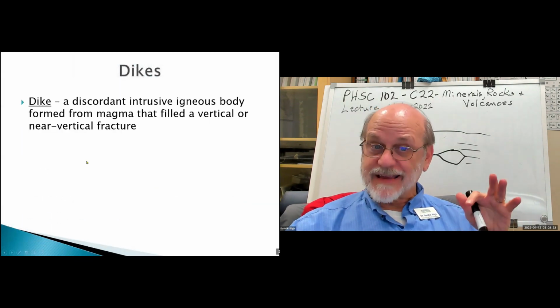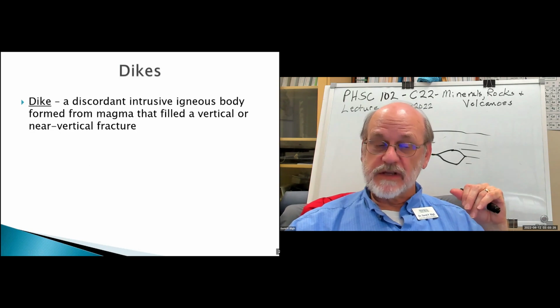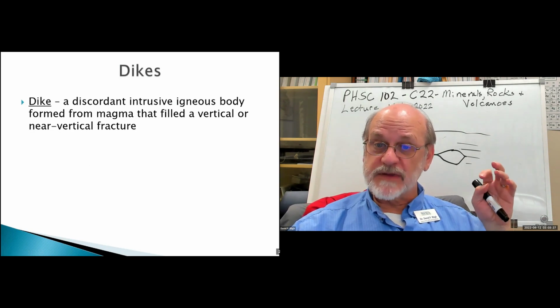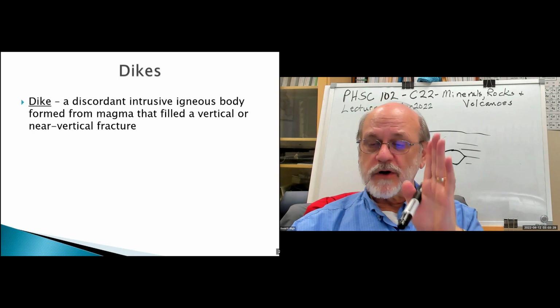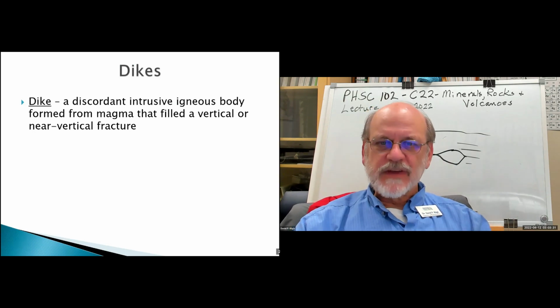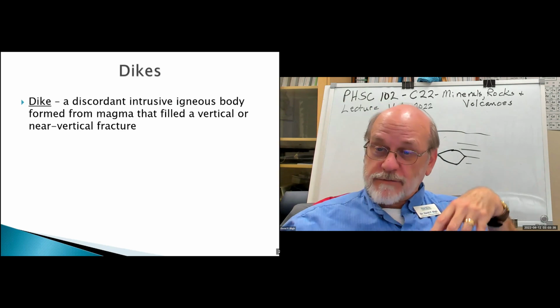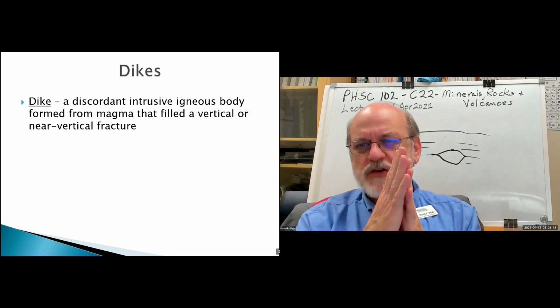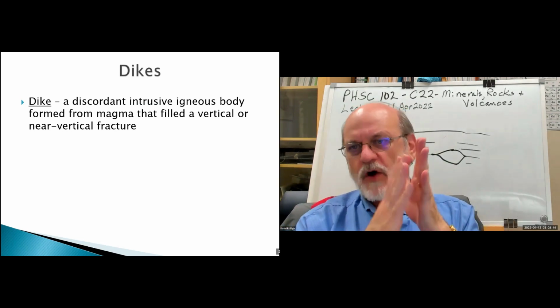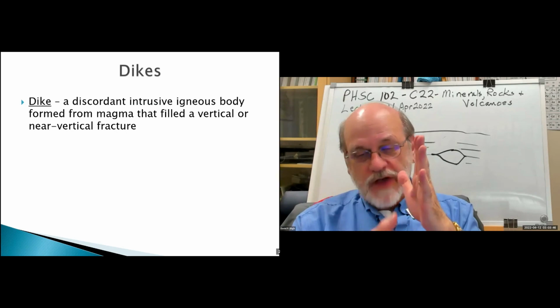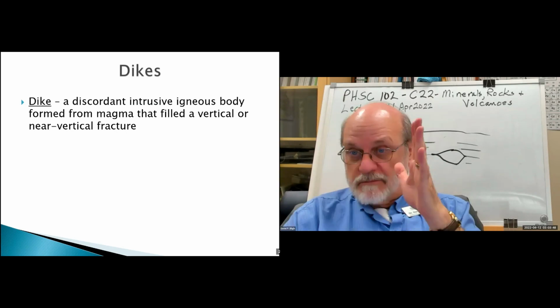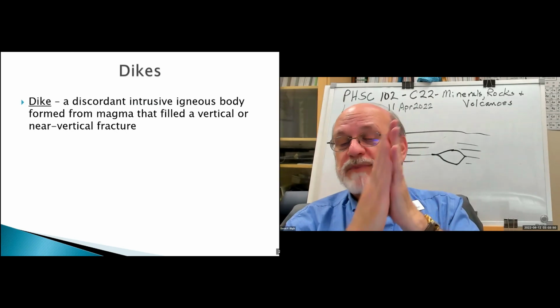A dike is a discordant, intrusive igneous body formed from magma that filled a vertical or nearly vertical fracture. As a liquid, magma flows into areas of least resistance. So if some other geologic process has caused a fracture in the overlying rock, and you've got magma underneath, it may be forced up into that crack.